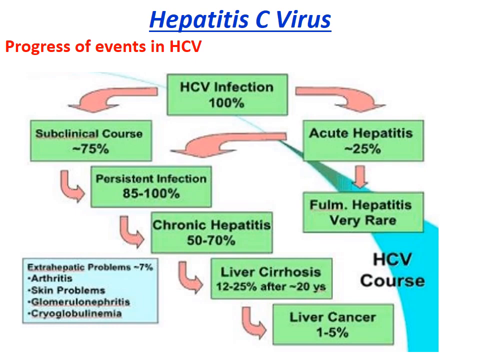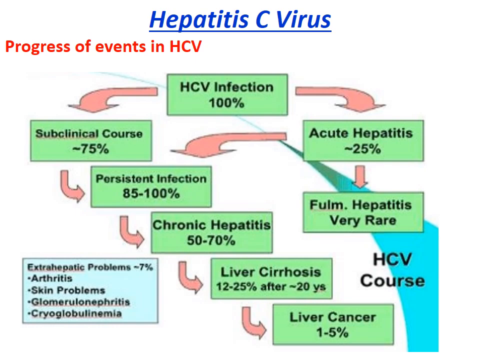There will be persistent infection in 85 to 100% of cases, but it is missed because they mostly remain asymptomatic. Acute hepatitis can lead to persistent infection, but it can also lead to fulminant hepatitis, which is very rare but fatal. It requires a liver transplant.